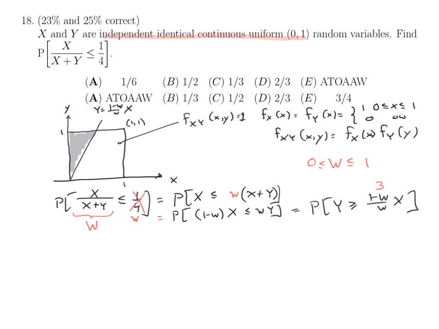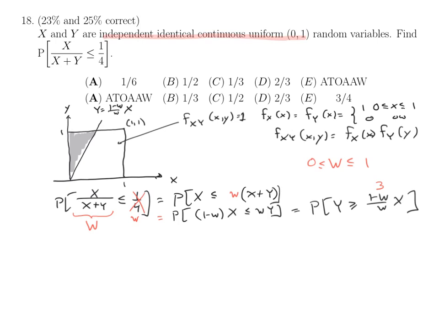Because you have to be above the line where this is equality, right? But you also, to have the event be true, you have to be in the box, right?